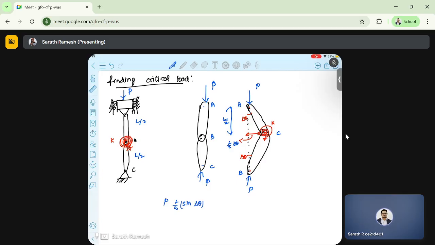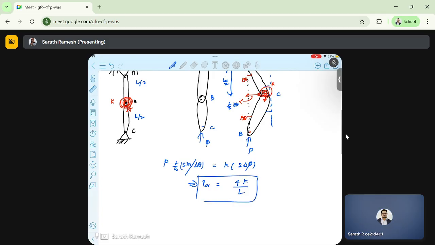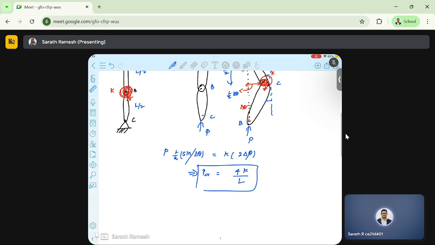Here I assume sine of delta theta to be delta theta. This will be equal to K times the rotation the spring would have undergone: here one delta theta, here one delta theta, so 2 delta theta. If delta theta is small, we can write sine delta theta as delta theta and cancel it. So P critical would be 4K by L. This is how we find the critical load.